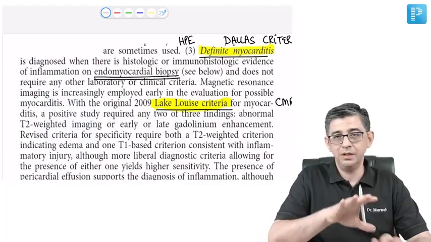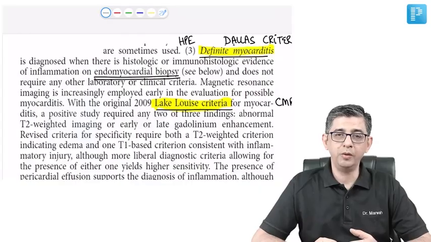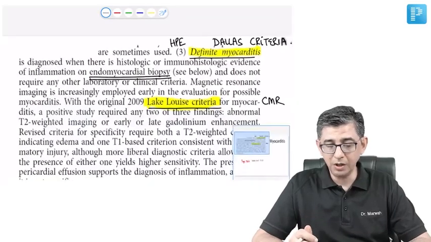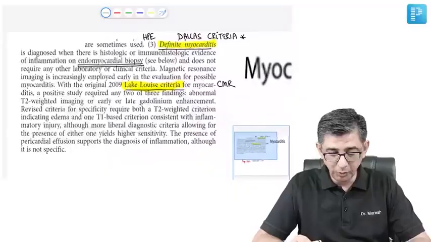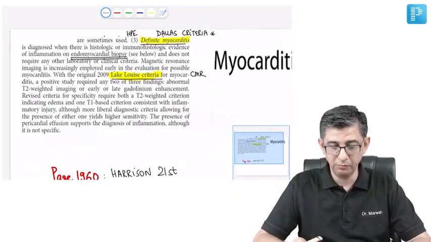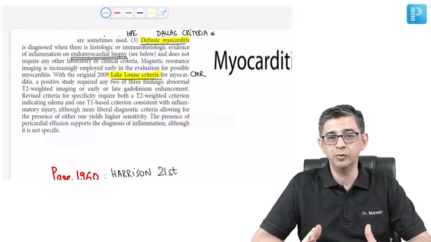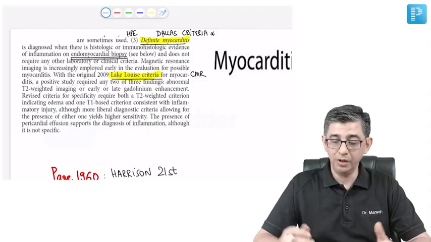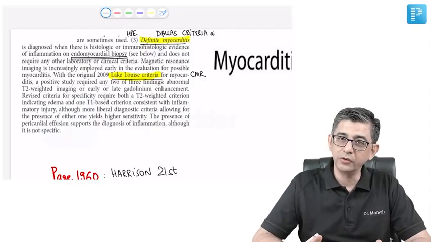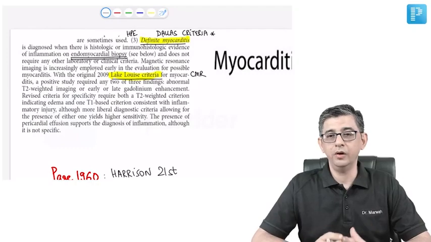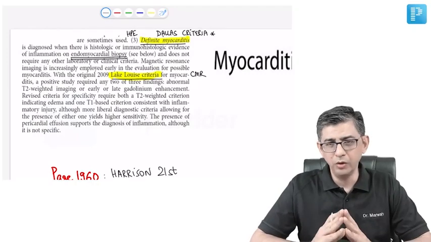Honestly, I do not fancy invasive techniques. It's not that I'm saying this from a clinician's or a radiologist's perspective. I have given you the page number of the textbook, which is widely used as a standard reference book. So in the exam, they did put up this question: what is the best way for identification of myocarditis? You will say, see, the radiologist says cardiac MRI. I don't dispute that.